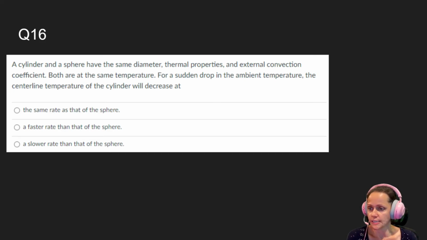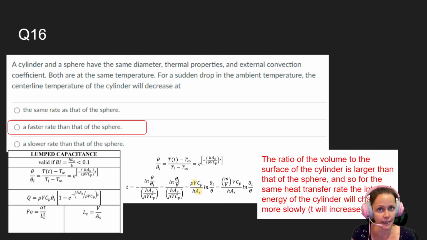All right, question 16, very last one. A cylinder and a sphere have the same diameter, thermal properties, and external convection coefficient. Both are at the same temperature. For a sudden drop in ambient temperature, the centerline temperature of the cylinder will decrease at, and so again, I'm pulling out that lumped capacitance equation.